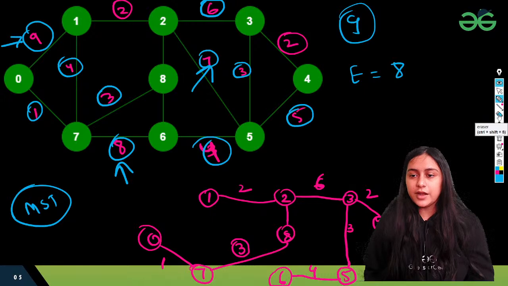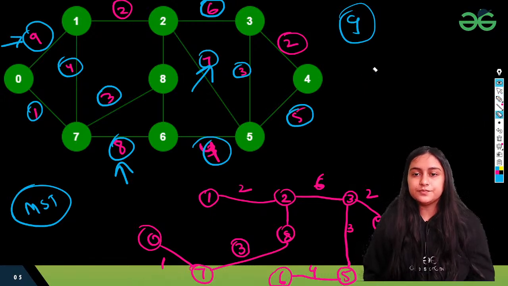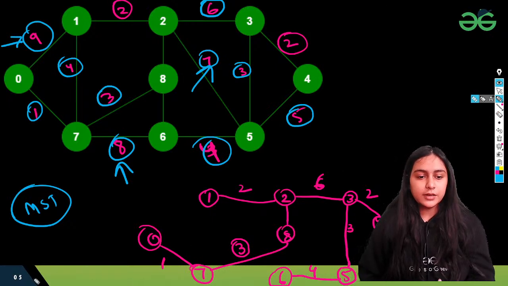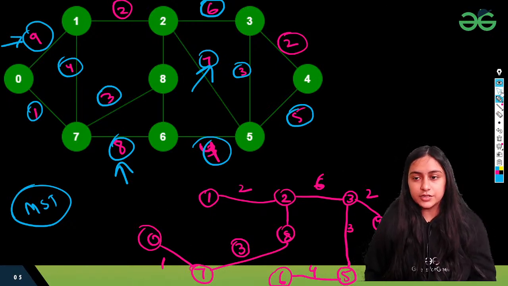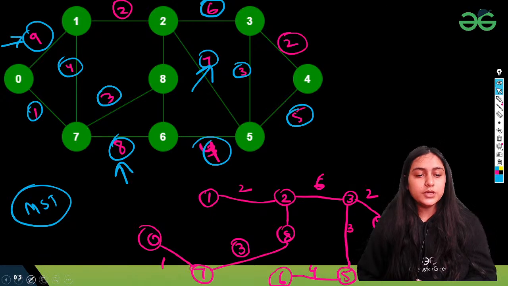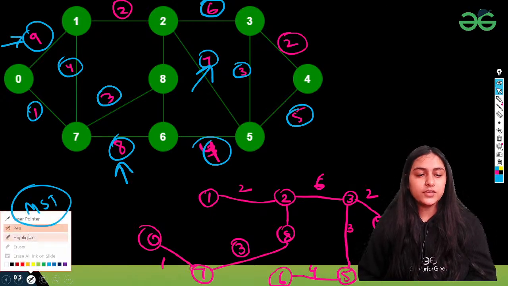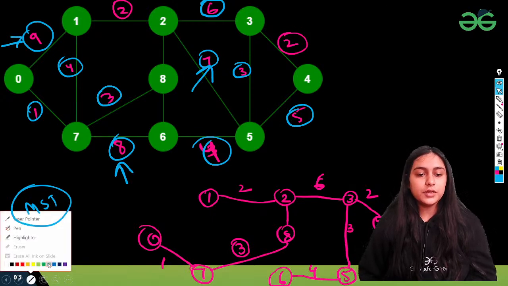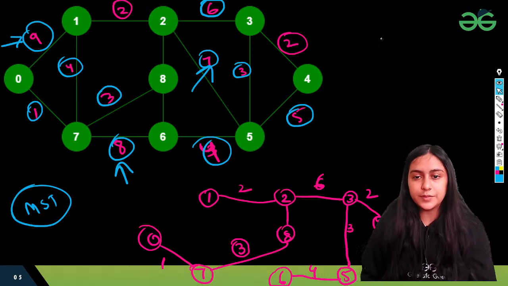Okay, let me write it nicely over here. यहाँ मैं नाइसली बना देती हूँ इसको. So according to me this is the minimum spanning tree of this graph. Now it's your work. If you think that और भी कुछ हो सकता है मिनिमम स्पैनिंग ट्री, so you can try and make something. आपकी मर्जी, आप बना सकते हो. I am not going to say anything. आप ट्राई कर सकते हो.